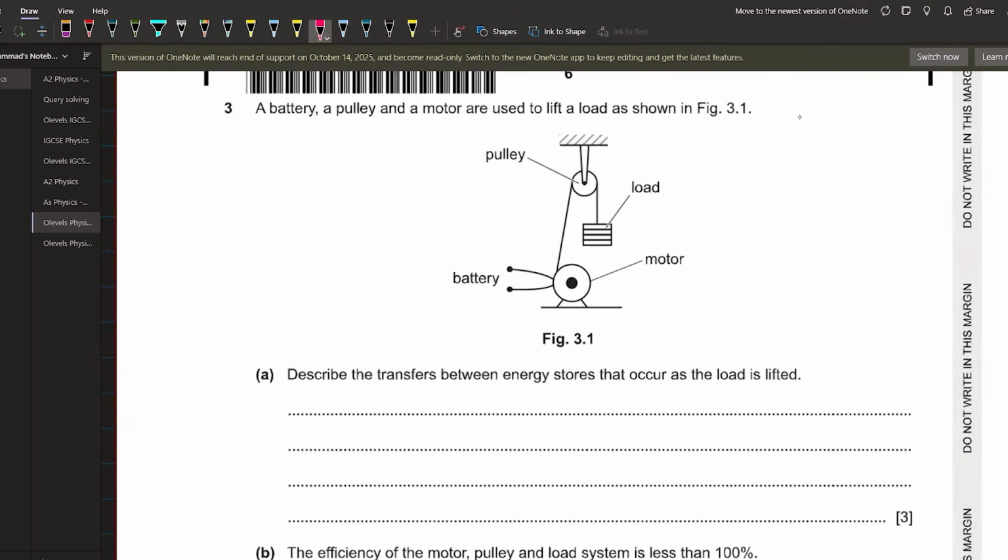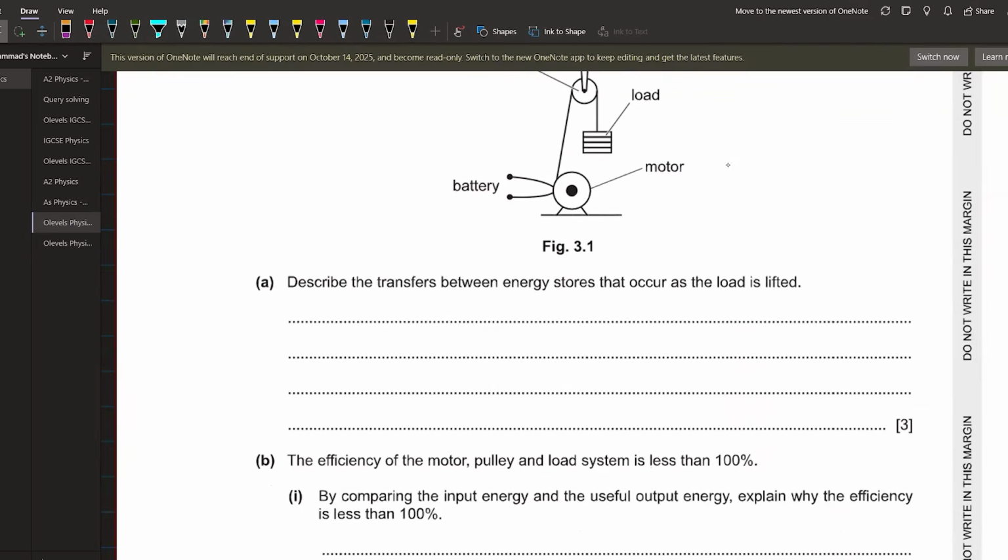A battery, a pulley, and a motor are used to lift a load as shown in figure 3.1. ठीक है, एक बैटरी है, एक मोटर है, एक लोड है. This is used to lift a load as shown in figure 3.1. Describe the transfers between energy stores that occur as the load is lifted. अच्छा, कौन से एनर्जी ट्रांसफर occur करेंगे as the load is lifted? फर्स्ट ऑफ ऑल ऑलवेज रिमेंबर, बैटरी में कौन सी एनर्जी होती है? केमिकल energy.